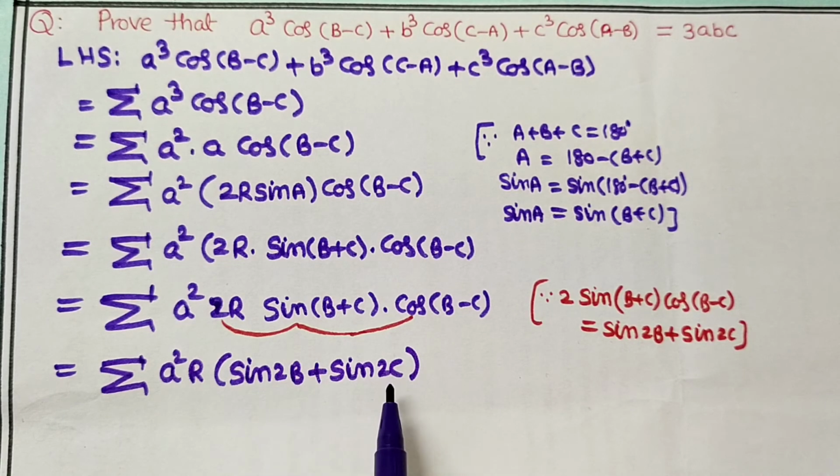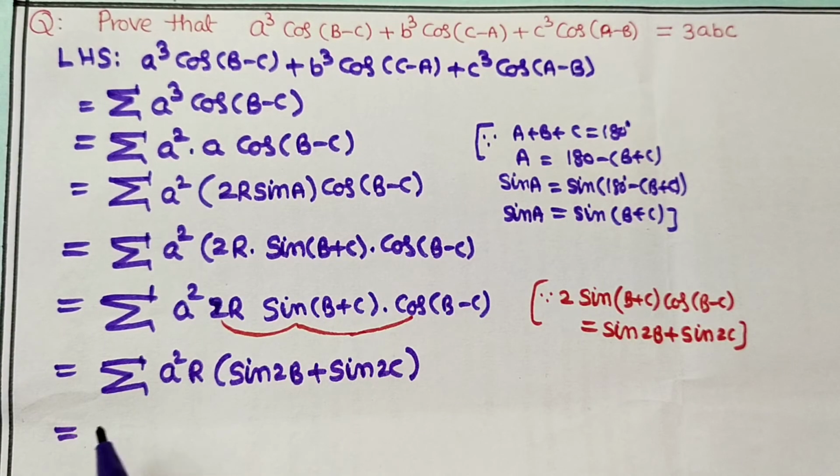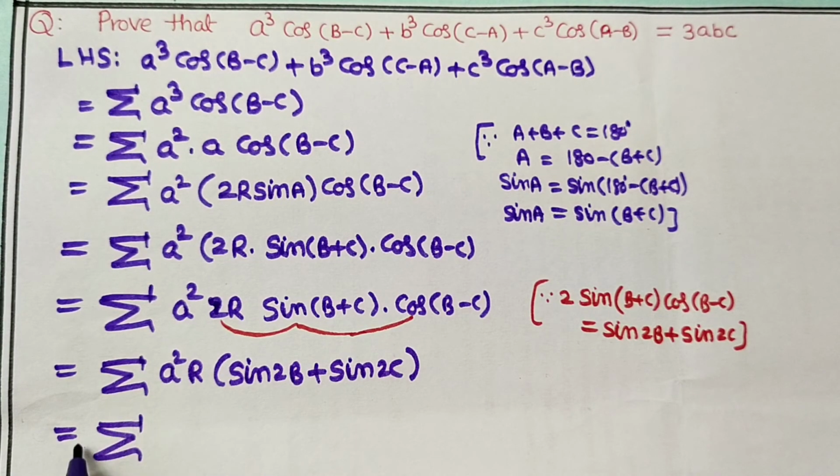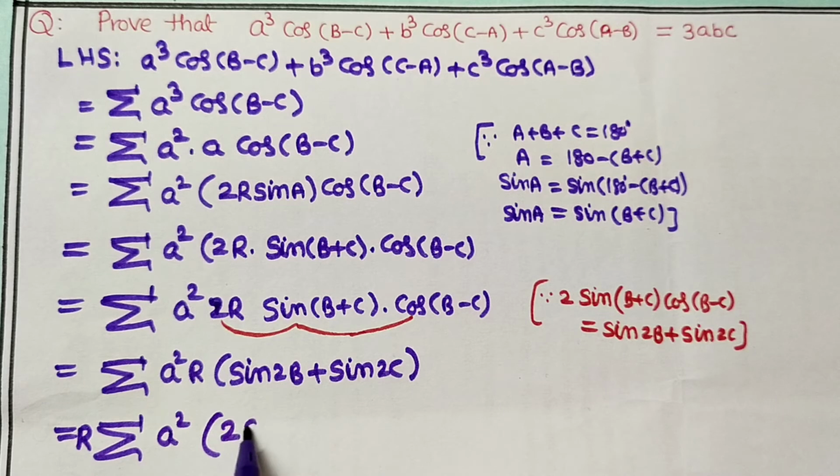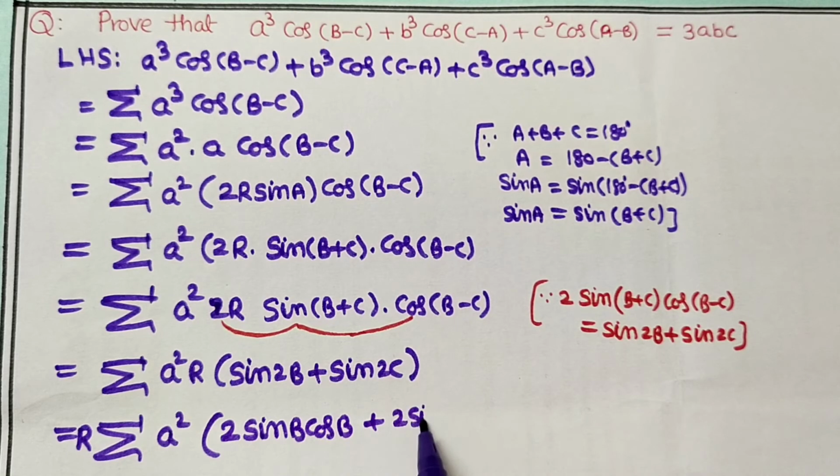Sin 2b, sin 2c, we know those formulas; the half angle formula you can write. Sigma, capital R is a constant, we can take it outside, because it is the circumradius. So R sigma a square into (2 sin b cos b plus 2 sin c cos c).